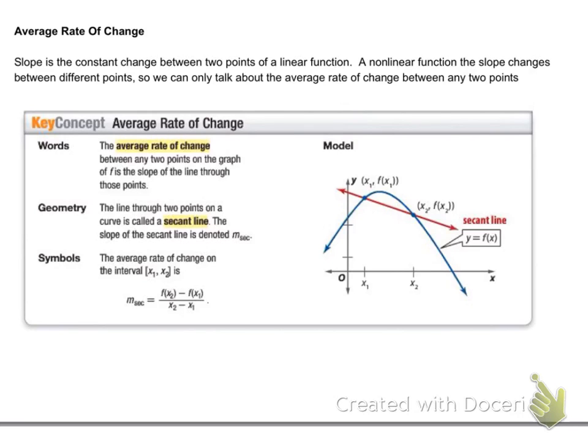We call the line that connects those two points a secant. I'm not hung up on that. I'm worrying about the part with the formula. They're saying that the average rate of change from x1 to x2 is just f of x2 minus f of x1, divided by x2 minus x1.